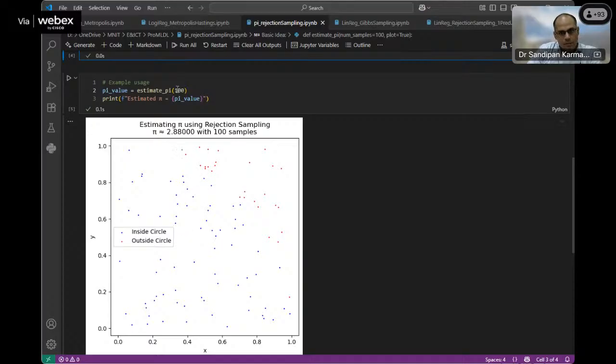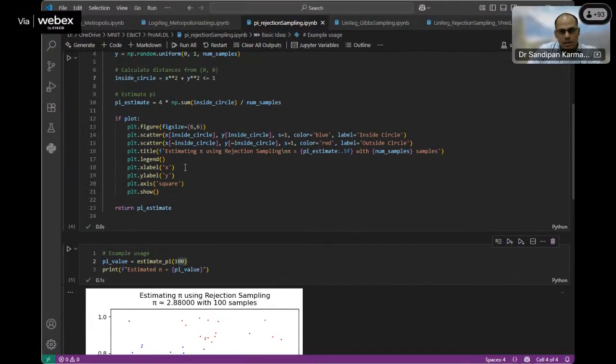Let me just increase the size of these dots. So it is s equals to 1.